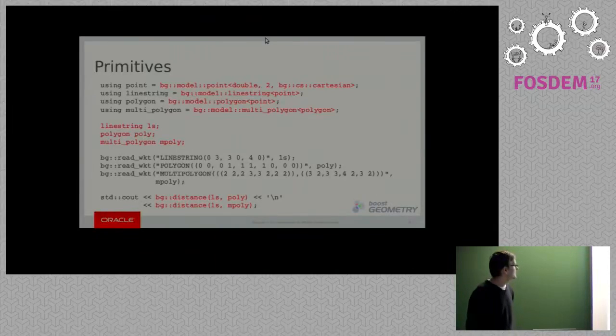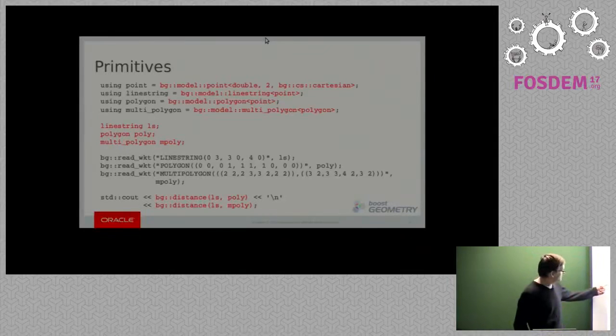So here I'm defining point, line string, polygon, and multi-polygon in a way that a line string is a range of points, polygon contains an exterior ring and some number of interior rings also containing points, and a multi-polygon is a range of polygons.